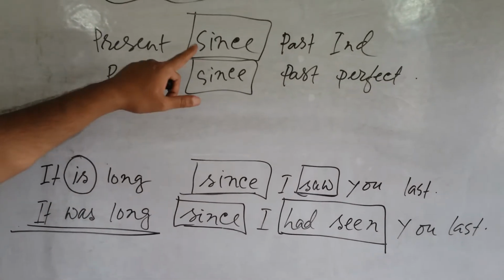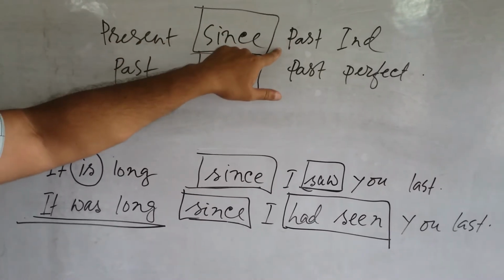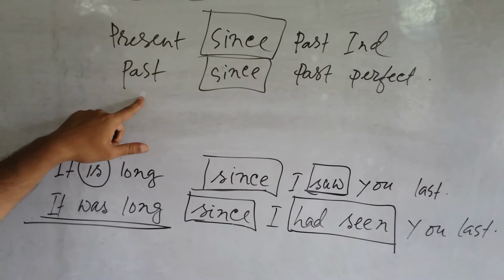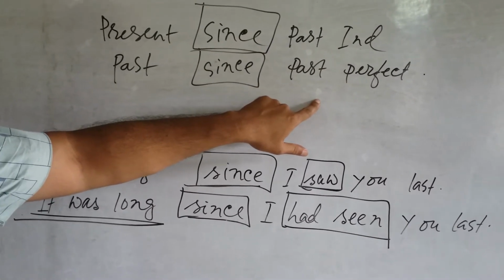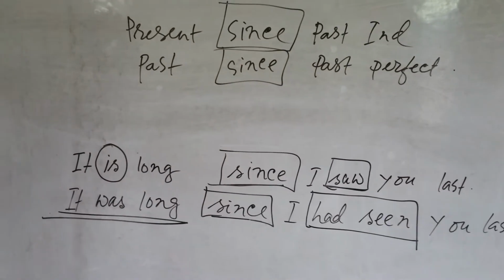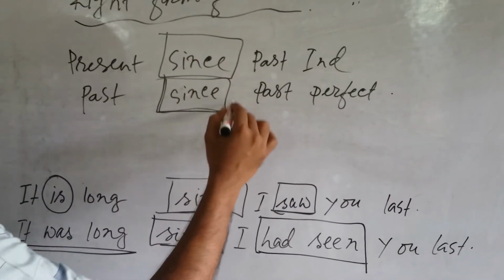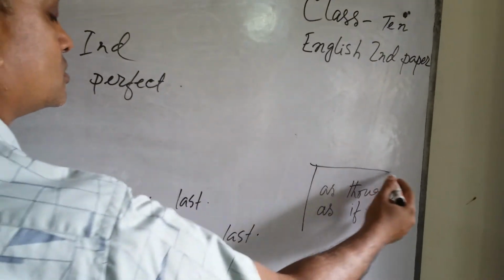So we will remember that if there is present before since, there will be a past after it. If there is a past before since, there will be a past perfect after it. At the same time, we should remember that as the since conjunction works, there are two other conjunctions also.